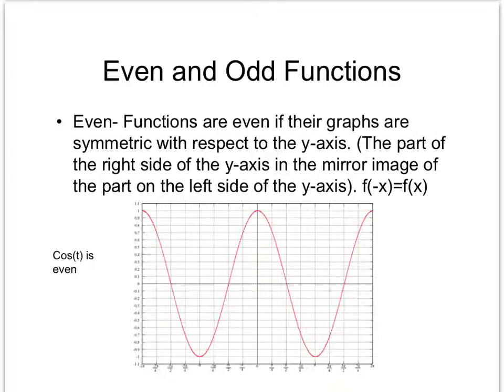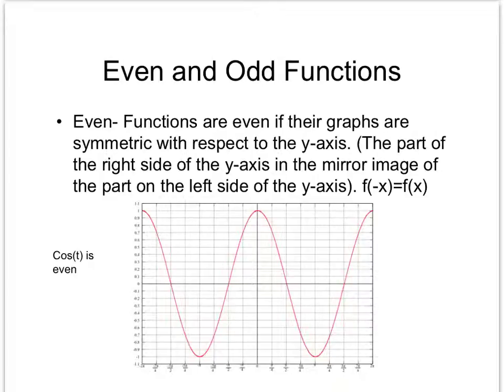The next thing I want to talk about, just really quickly as a side note, is what an even and an odd function is. Even and odd functions are terms that we use to describe types of graphs. An even function is a function that is symmetric with respect to the y-axis. So basically that means any negative x has the same value as its positive x.